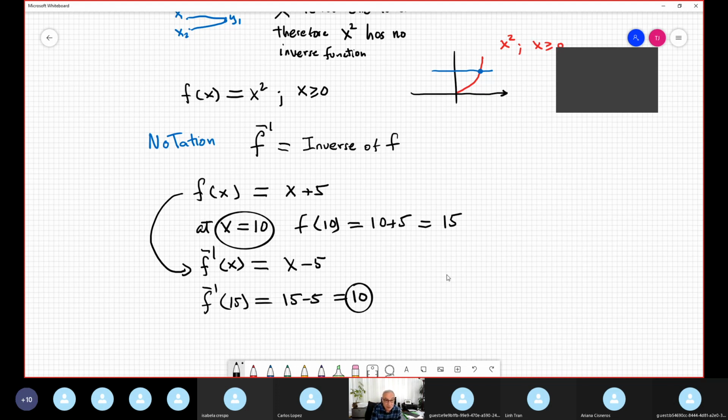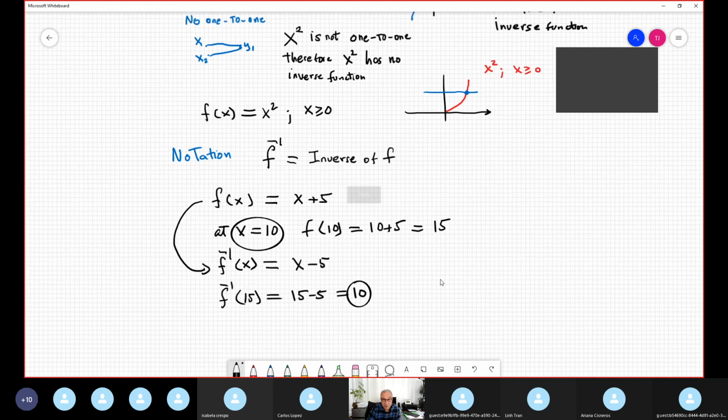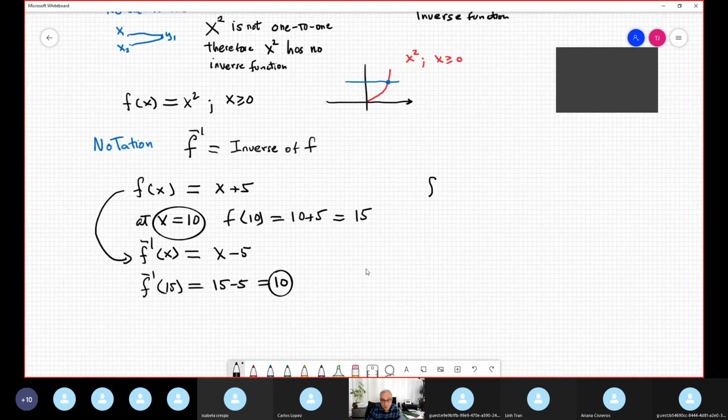So how do you represent this idea mathematically? Well, you have the function f, and you form the composition with its inverse, and the answer is the identity function. In this example, the original function was addition, and this was subtraction.